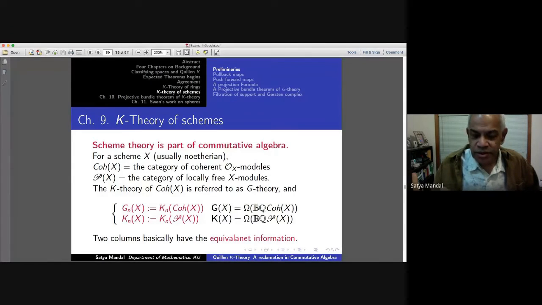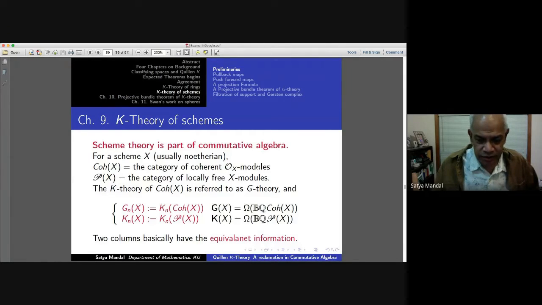Not all schemes, but quasi-projective schemes, or at least projective schemes. You just have to write an analog of what you prove for graded rings and graded modules. That's more or less what it takes.